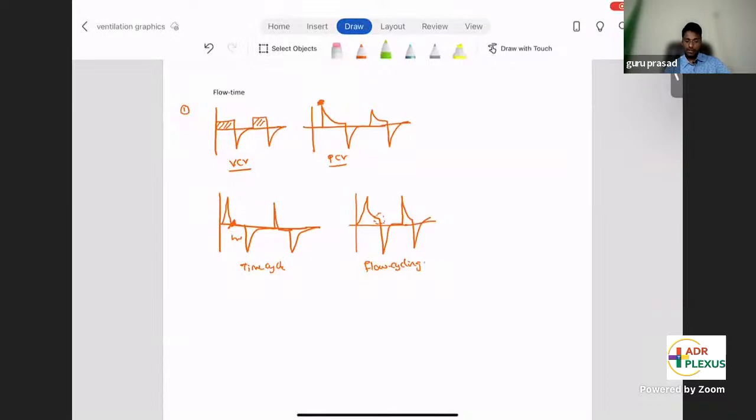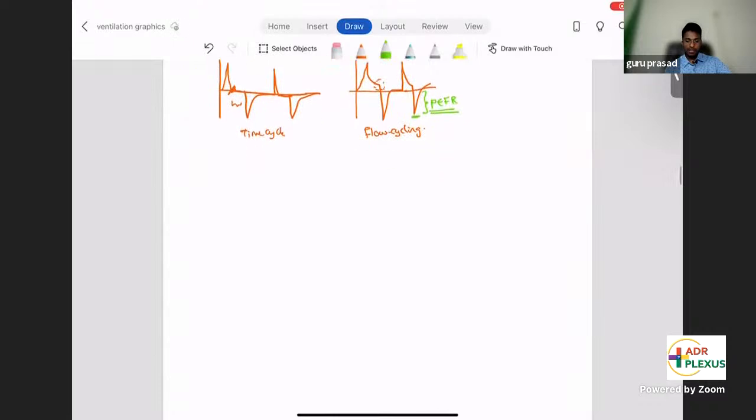The other parameter which you can know is this, which is known as the peak expiratory flow rate. Why that is important, I will tell you. This loop, the flow time loop, is the most favorite topic for the examiner. I will draw 3 graphs and you should tell me what the diagnosis is.